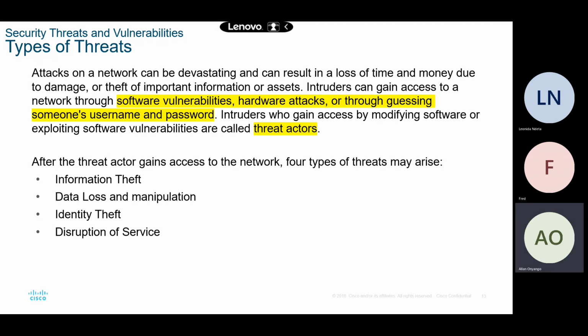And so the people who carry out these attacks, they are actually called hackers, but we also call them threat actors. They take advantage of these weaknesses we have in the software, and that can lead to so many of those things that I've talked about. And sometimes they can even disrupt the services within our network.